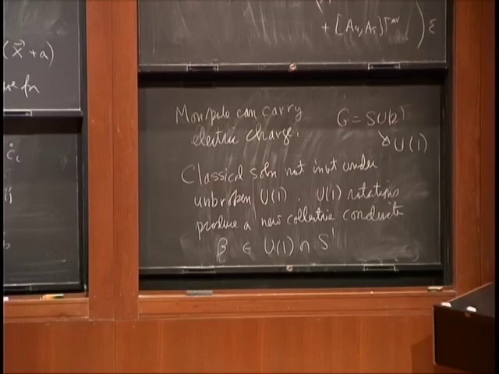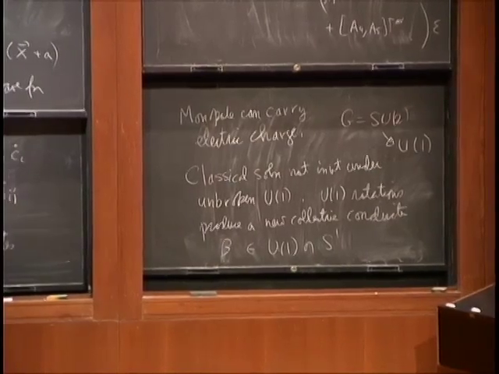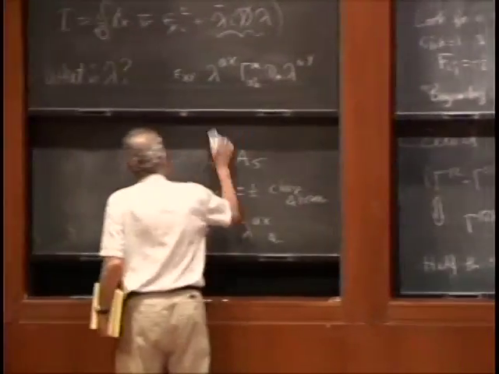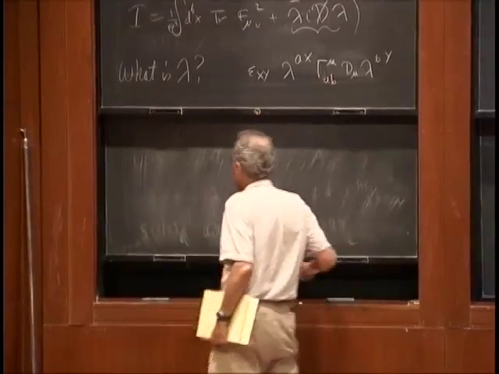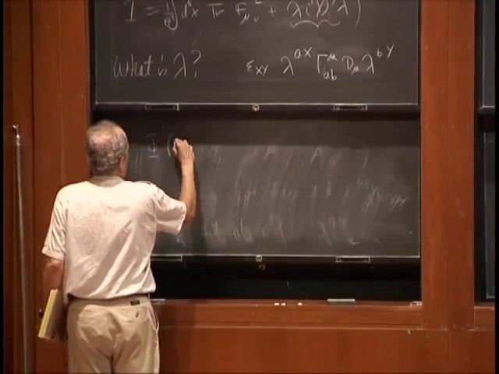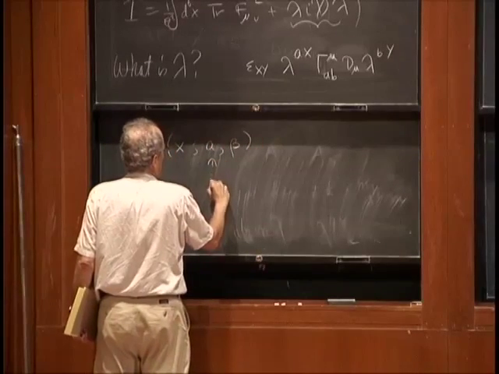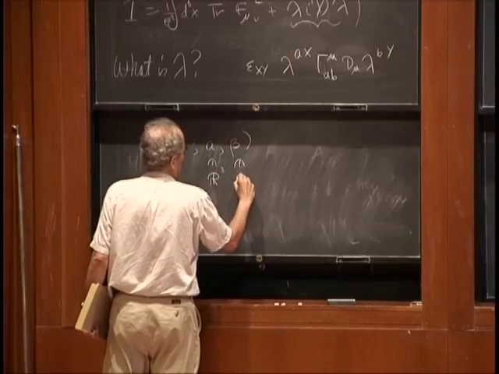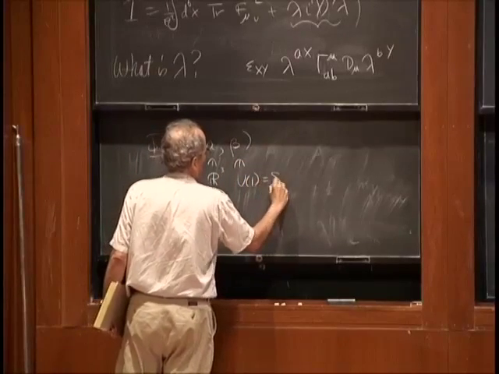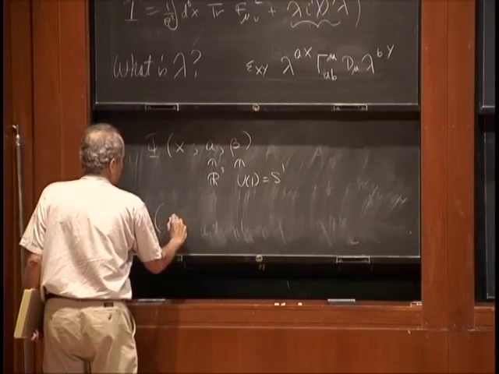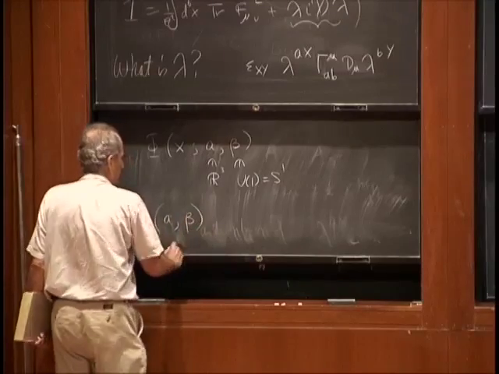And because that is the case, the classical solution depends on x, but it also depends on a center of mass position and an angle beta. So when we construct a wave function for the system, it's a wave function that depends on A and beta.